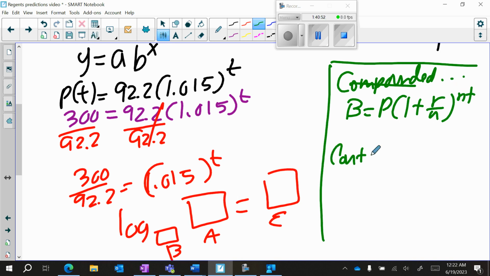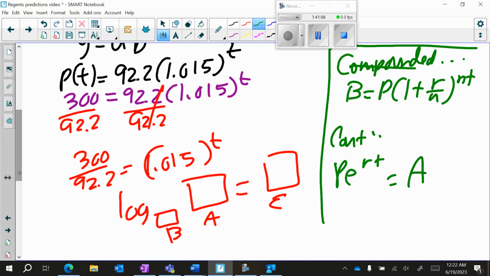If it's continuous, you have to know that it's Pert, A equals Pe^(rt) or B equals Pe^(rt), whatever. You know, a couple other things that might show up that are not on here. So please don't take my word as exactly going to be what's on the test, but these are some predictions based on what we've seen.